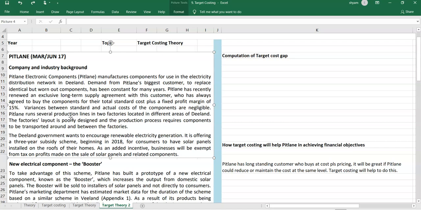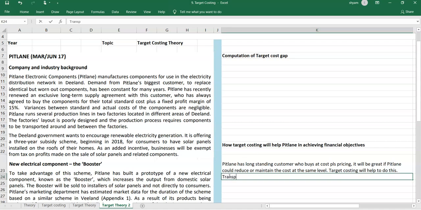Pitlane runs several production lines in 2 factories located in different areas. So the transportation of different components between the 2 factories should be reduced.